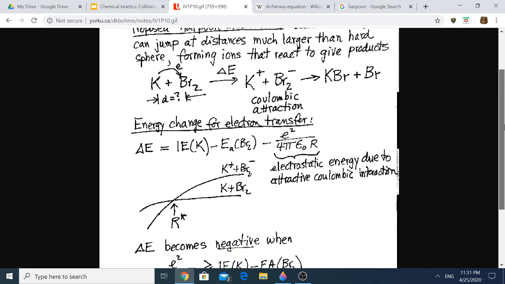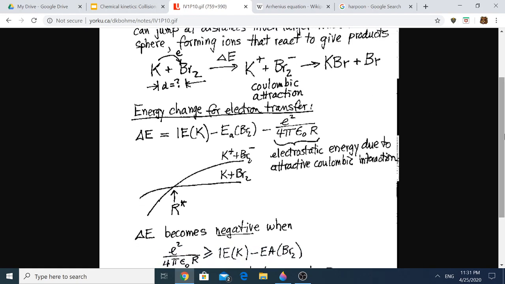Well, we have to think about when this process, this electron transfer, is energetically feasible. It is energetically feasible when delta E becomes negative. In other words, when the process becomes exothermic, when the process gives off energy.